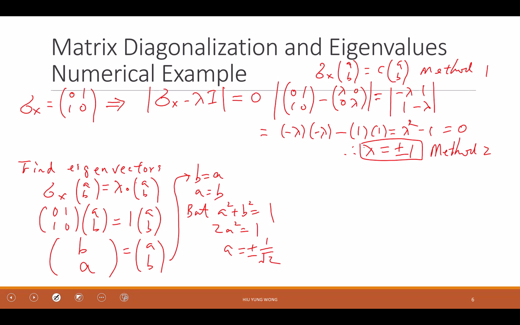I just choose one of them, it doesn't matter, so I'm going to choose plus. Then the first eigenvector V0 equals 1 over square root 2 times (1, 1). Because this means A equal to 1 over square root 2, B equal to 1 over square root 2.